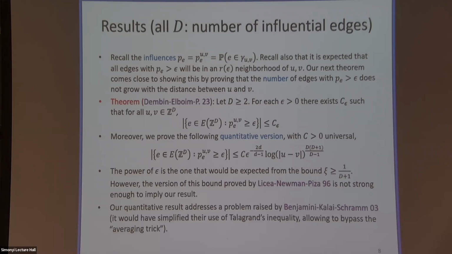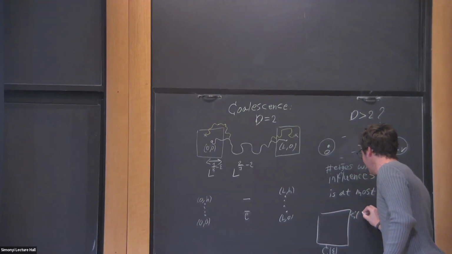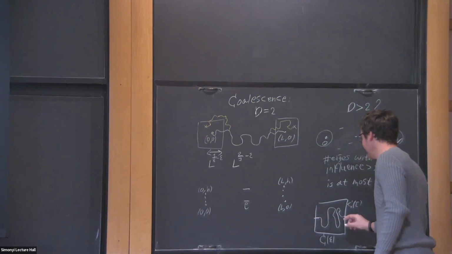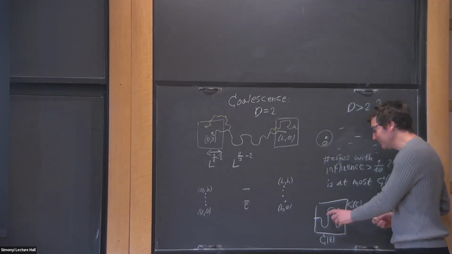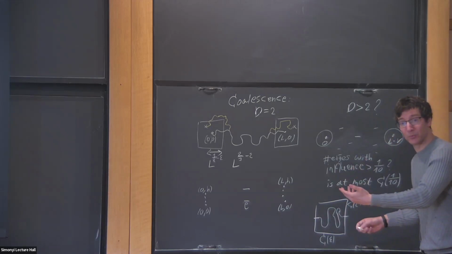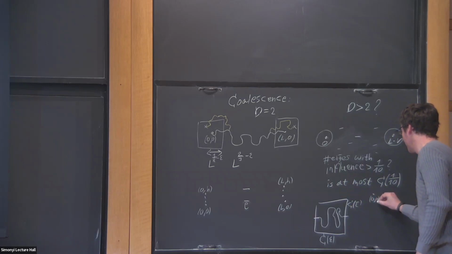So if you want a 1 plus epsilon approximation, you could take a box which is some function of epsilon by some function of epsilon, C of epsilon by C of epsilon, such that if you now want to go from here to here, then there is a geodesic that does that, with the time constant, so the leading first order behavior up to epsilon, the same as when you want to go from 0, 0 to L0.